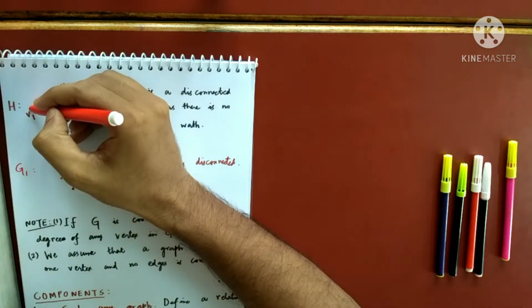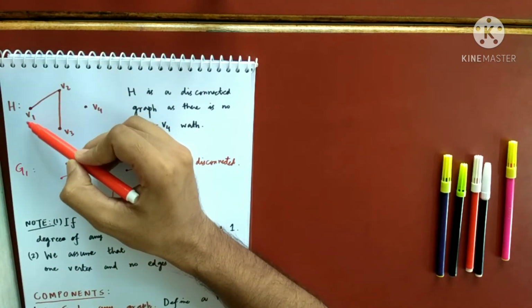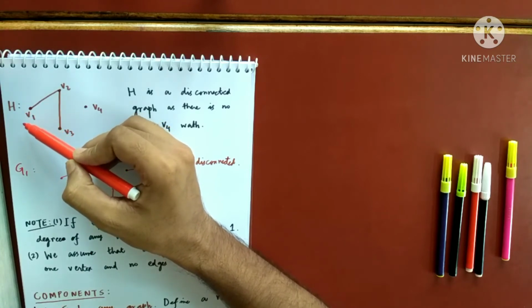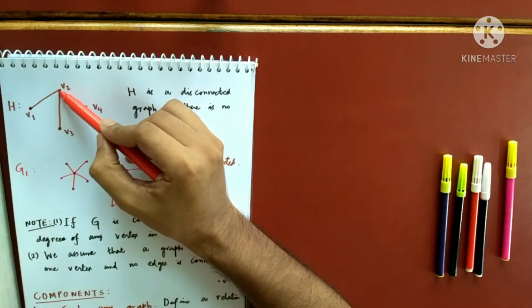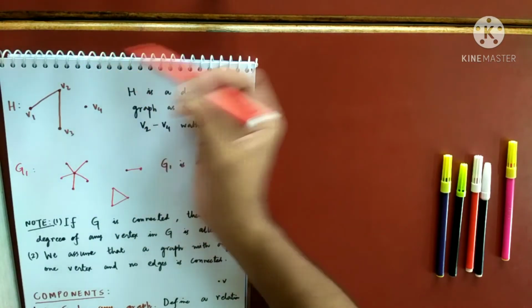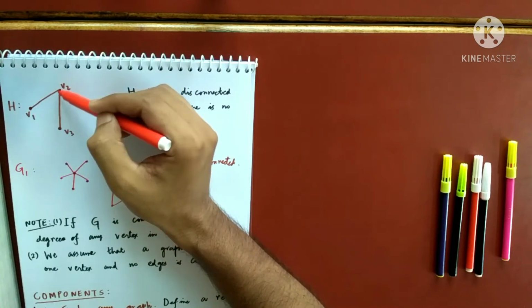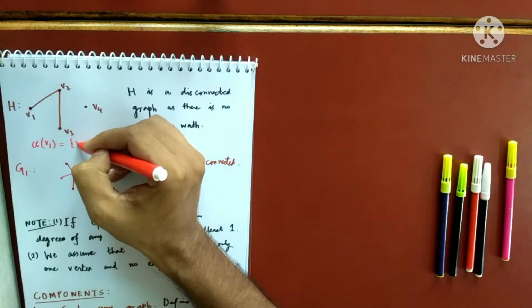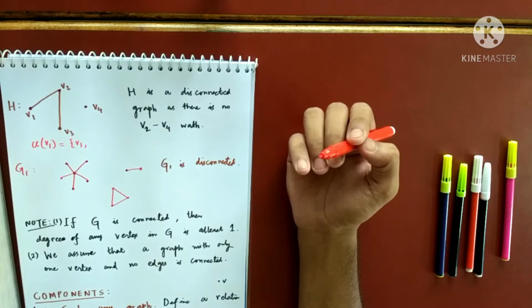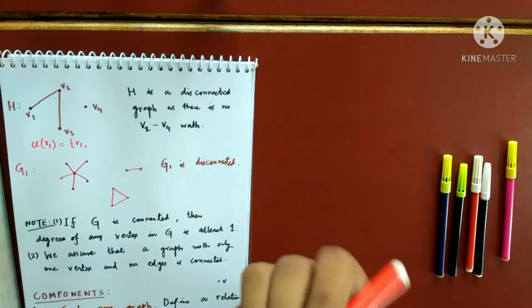If I talk about the equivalence class of this vertex, I have to find which vertices are related to it. And how is the relation defined? Two vertices are related if there is a u-v walk between them. So this vertex is related to this vertex, because there is a walk from V1 to V2. In the class of V1, V1 is definitely there, because there is a walk from V1 to V1 just containing V1.